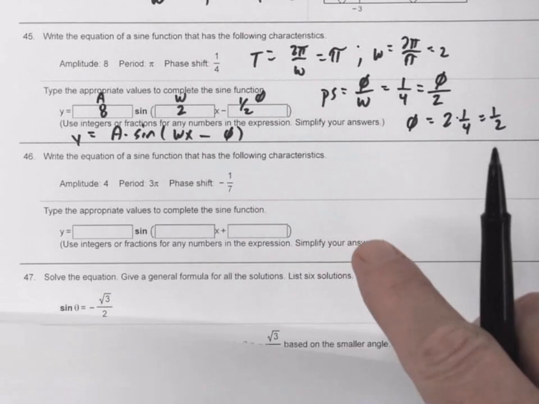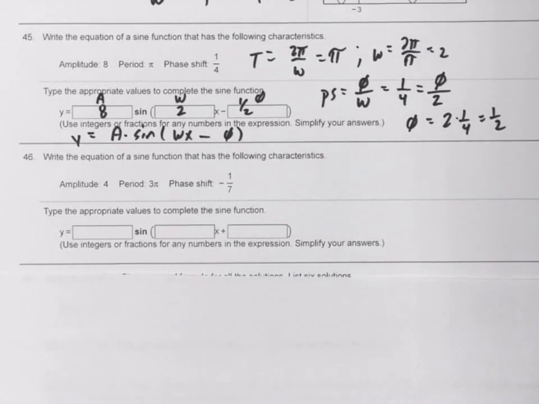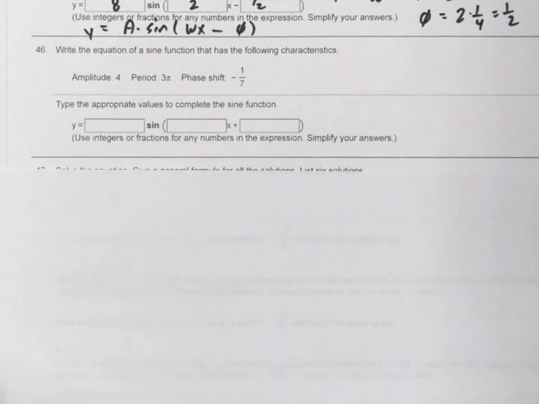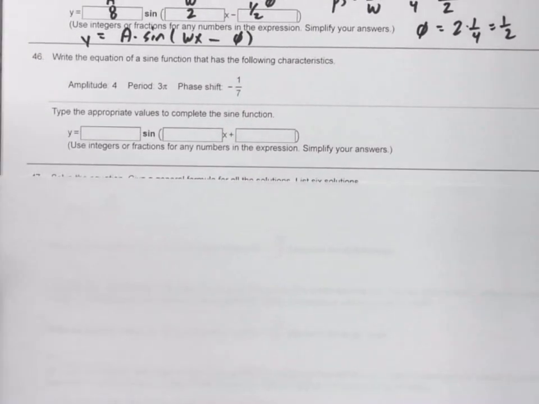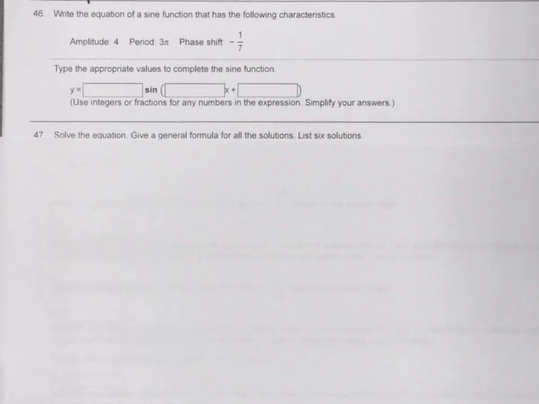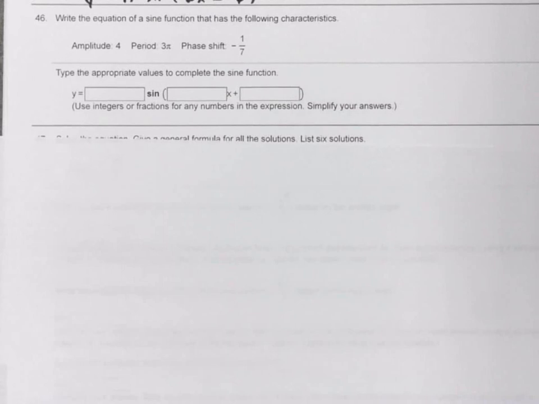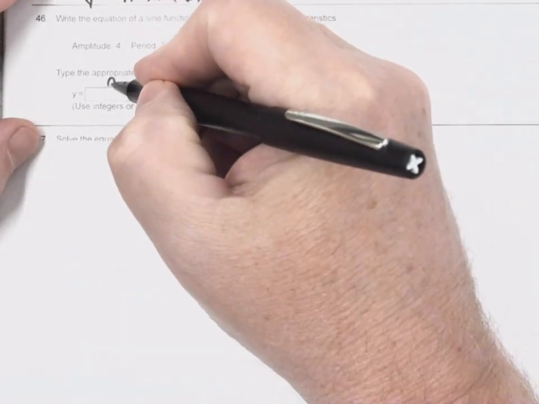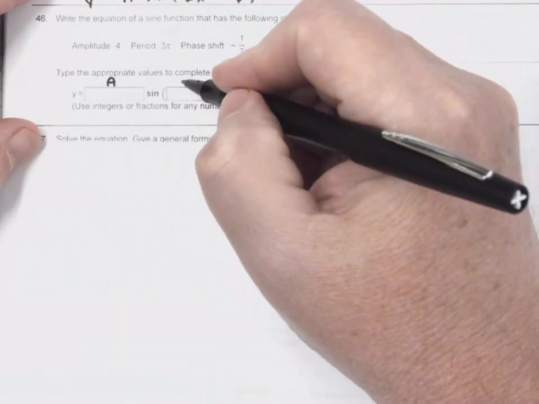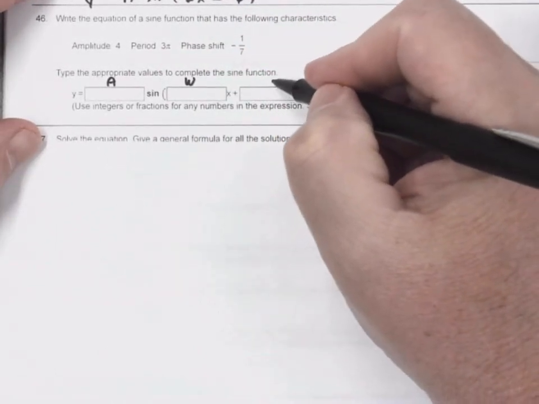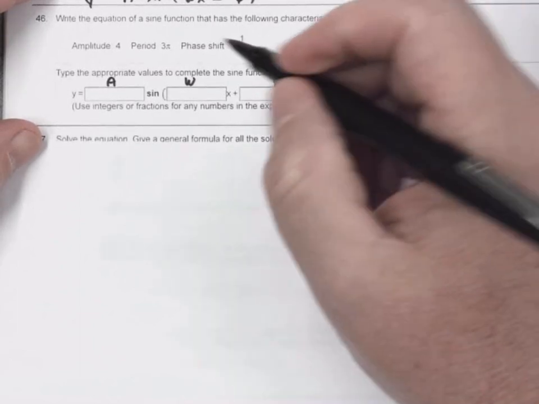So here's another one of the same kind of problem. For this one, we're told the amplitude is 4. Period's 3 pi, the phase shift is -1/7. So once again, this box is going to be A, this box is omega, and this is going to be phi.